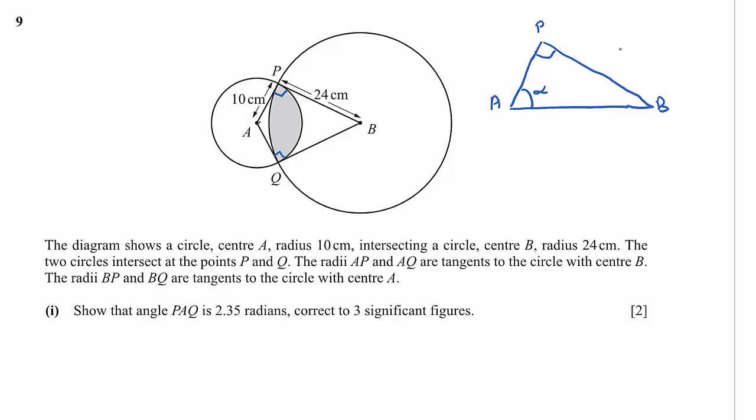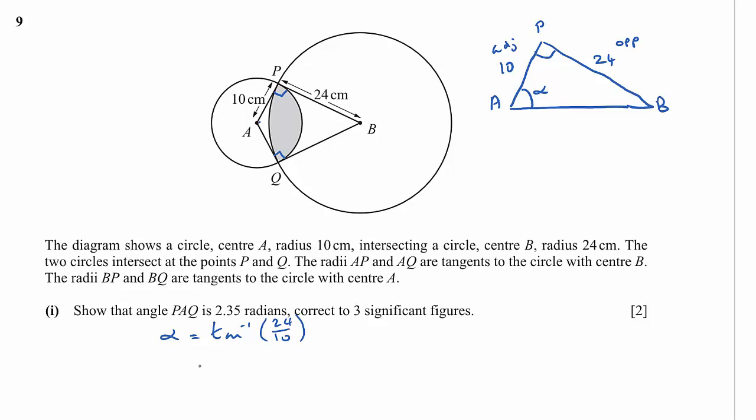And we can find that because we know that this is 24 and this is 10, and compared to this angle, this is the opposite and this is the adjacent, and the angle PAQ is just twice that, is just 2 alpha.